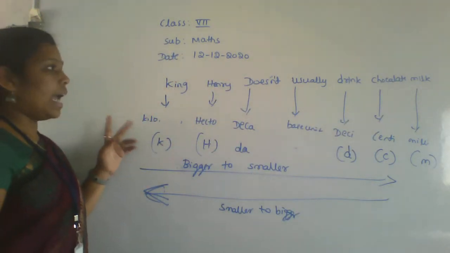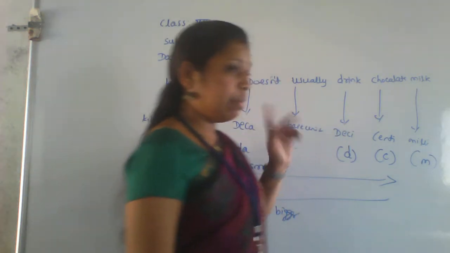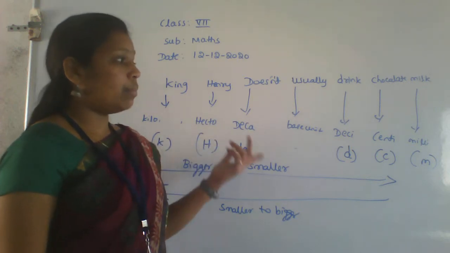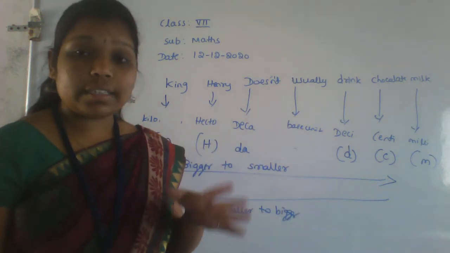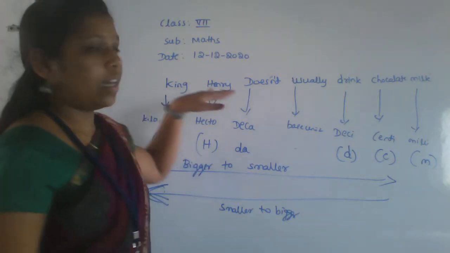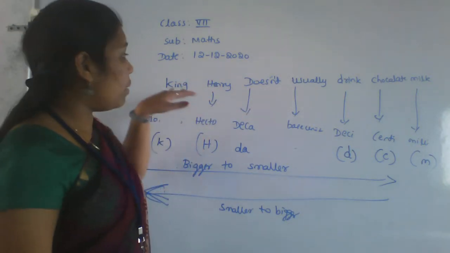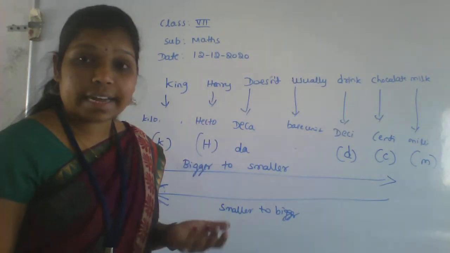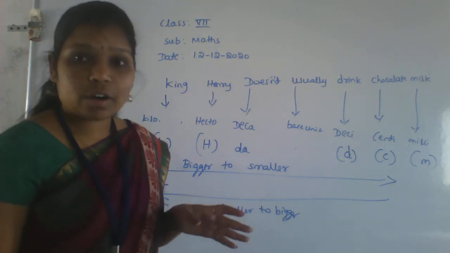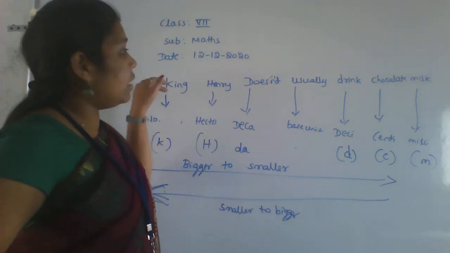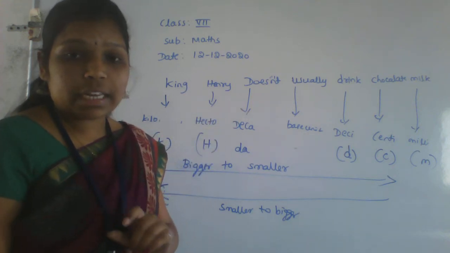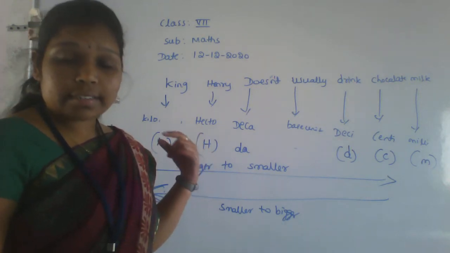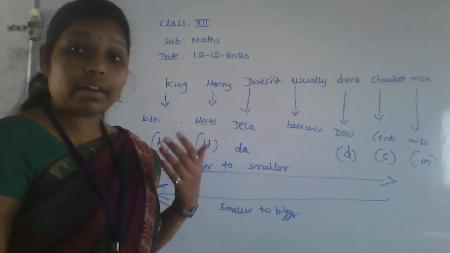Okay, so King Henry doesn't usually drink chocolate milk. To remember all the units, kilo, hecto, deca, deci, centi, milli, you have to remember this sentence. If you make it as a story, and you say that statement as a story, then you will remember it every time.